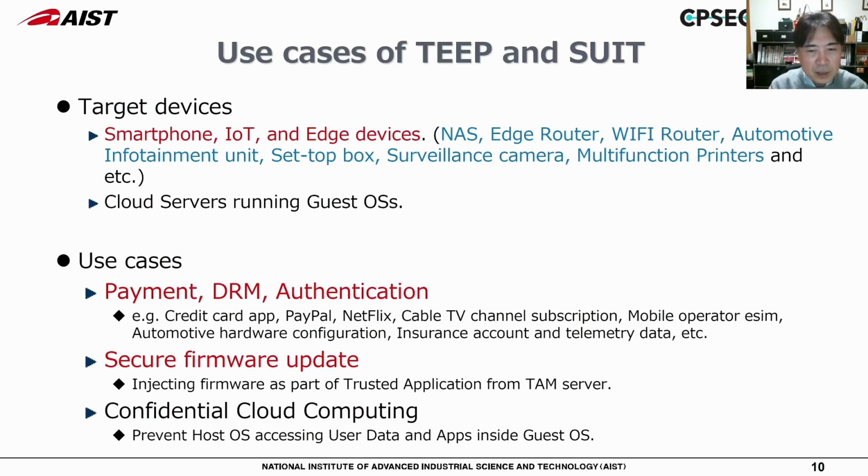The reason is that many customers started to want technical assurance that the host cloud server running the host OS is not able to access inside the guest OS. However, this is out of the coverage of TEEP and SUIT right now, so it's just listed as a target device, but not particularly explained in the slide.